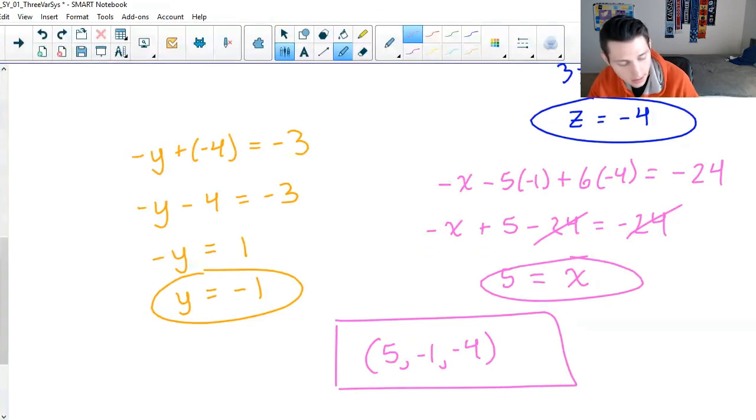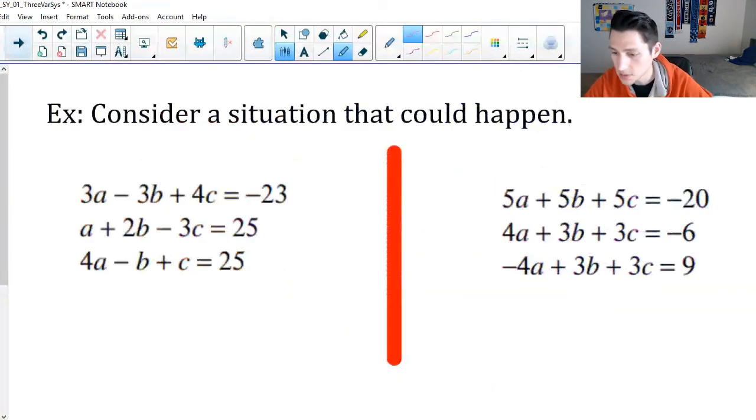Okay, and then lastly, really quick, we're not going to go through these unless you desperately want me to. But consider a situation that could happen. In either one of these, the higher the UV index, the better you tan. Also, another way of saying that is the higher the UV index, the worse it is for your skin.